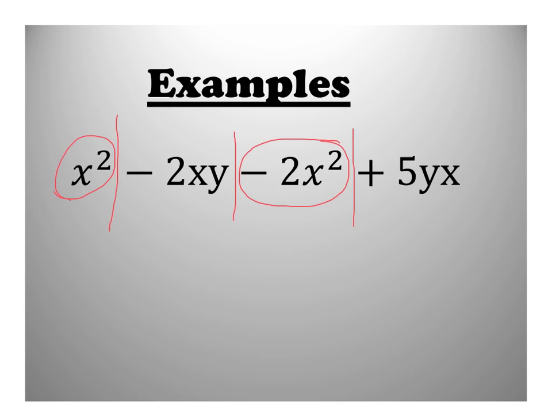Some of you may be saying, nope, we don't. It doesn't matter what order they're in as long as they are the same variables. So therefore, negative 2xy and 5yx are like terms because they have the same variables and they are raised to the same exponent. When we don't have a number sitting above our x or our y, we know that our exponent is 1.